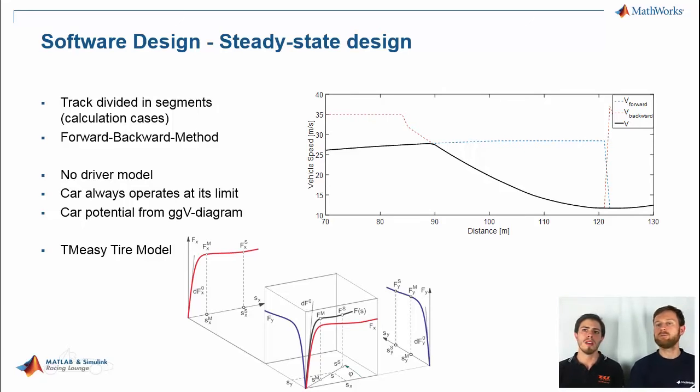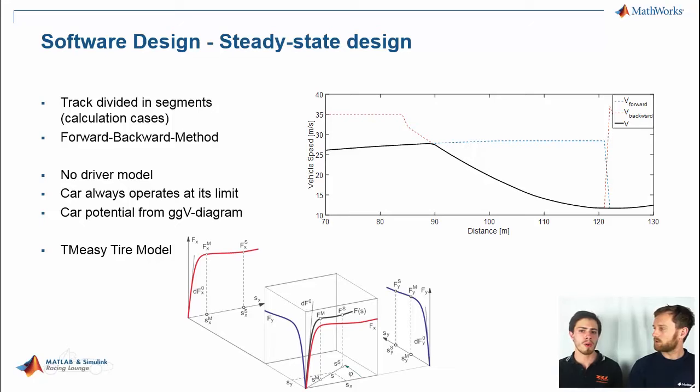Exactly. Okay, cool. So let's think about two apexes: an apex 1, for example, that would be here, and an apex 2 that would be here. From apex 1 to apex 2, we integrate the maximum longitudinal acceleration that the car can handle. This is basically what you call forward calculation? Exactly, that's the forward calculation.